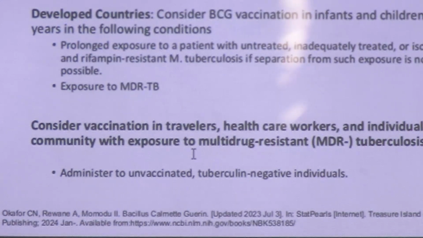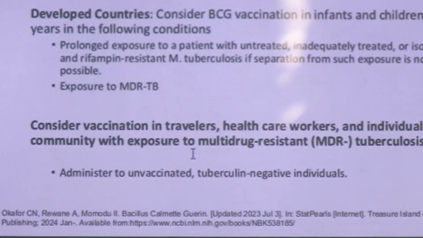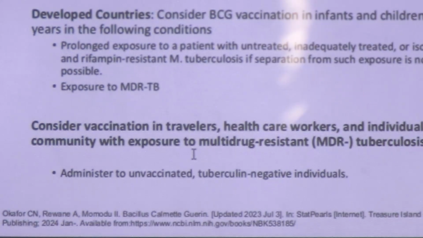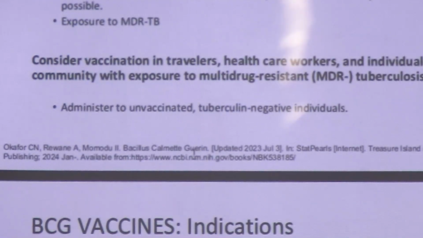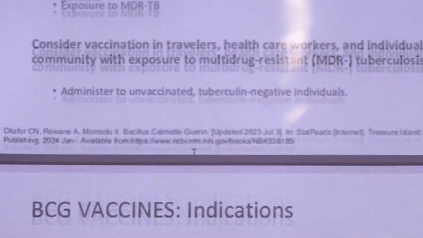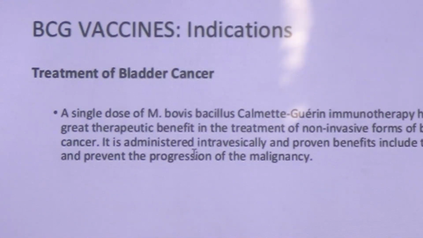People involved in healthcare activities, be it vaccination, treatment, or other, especially because of the increasing cases of multi-drug resistant tuberculosis. And I've already told you a vaccine may have three aspects: prophylactic, post exposure, or therapeutic.